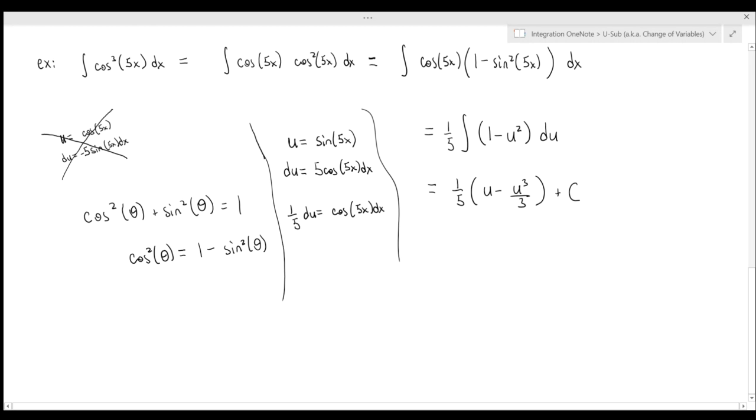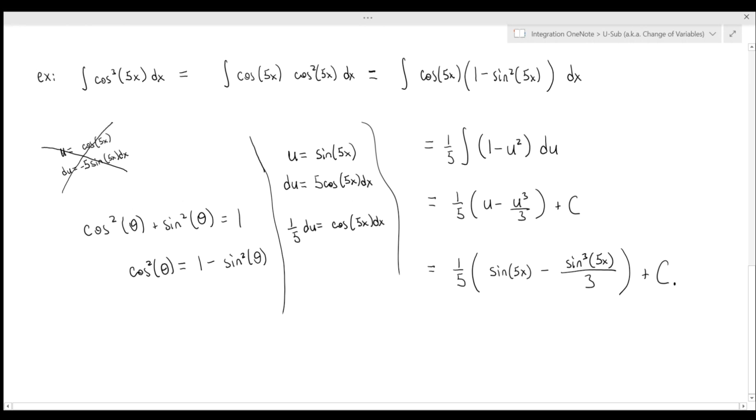And now we'll just replace u with sine of 5x. And then that would be the final answer for this problem.